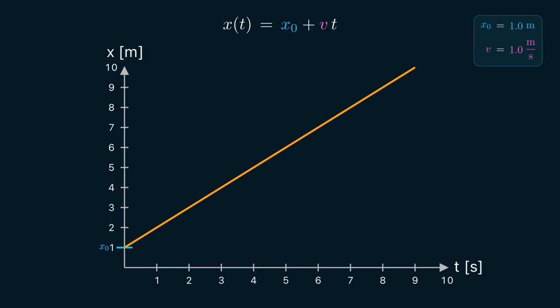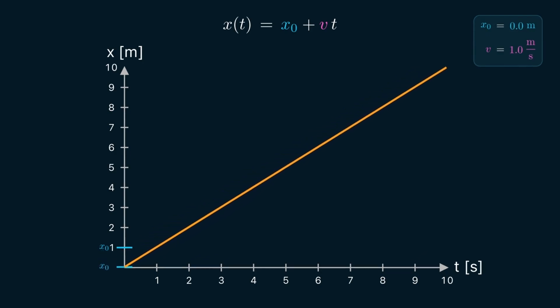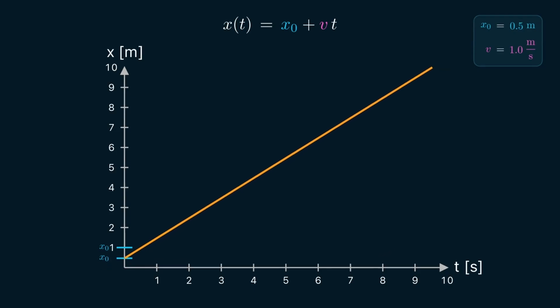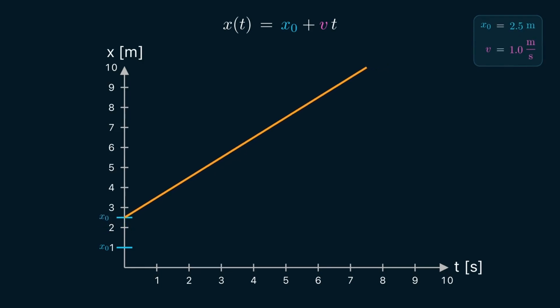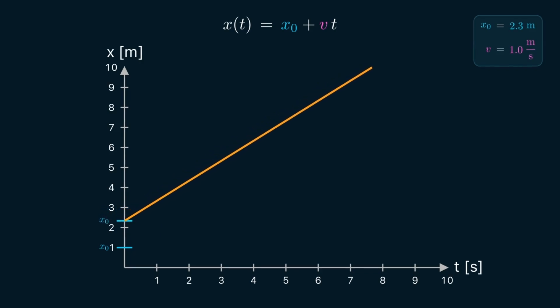In our example from earlier, the starting position was x0 equals 0. In that case, the graph passes through the origin of the coordinate system. If the starting position is a little farther back, for example at 3 meters, then the graph is shifted upward accordingly. But let us set the starting point back to 1 meter.